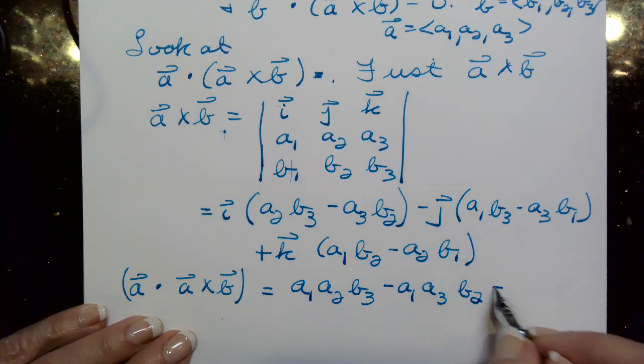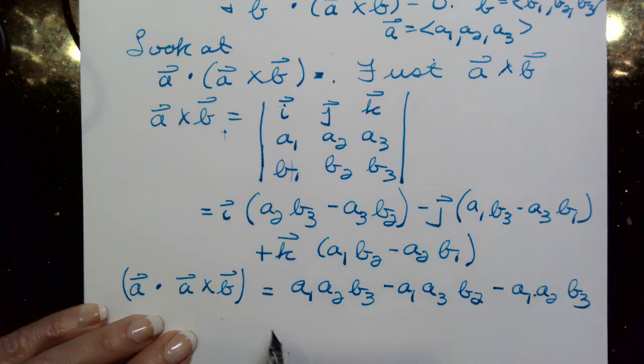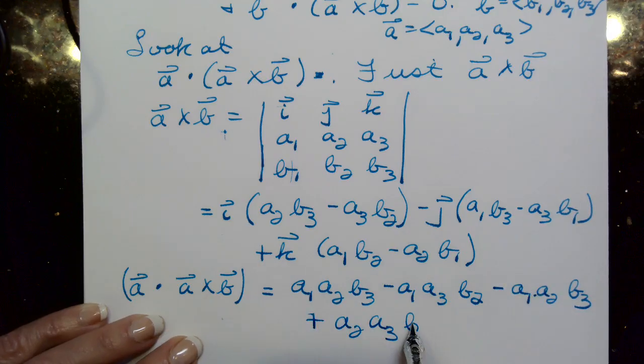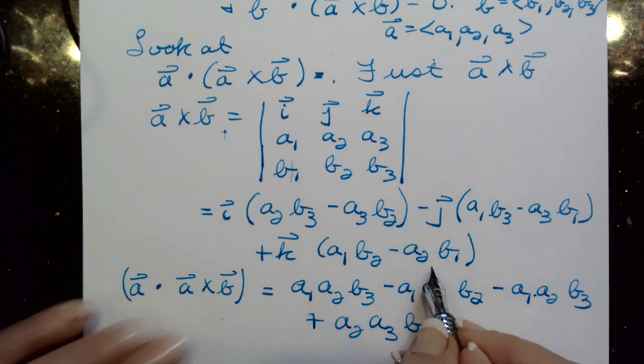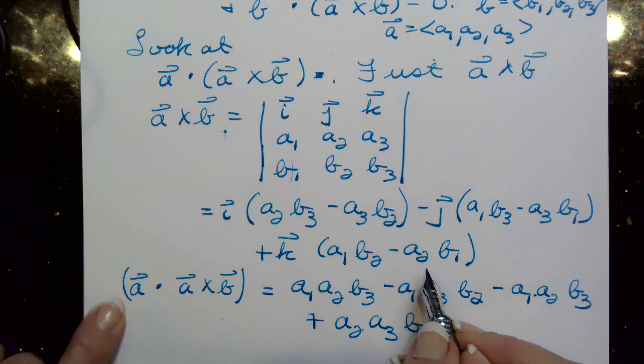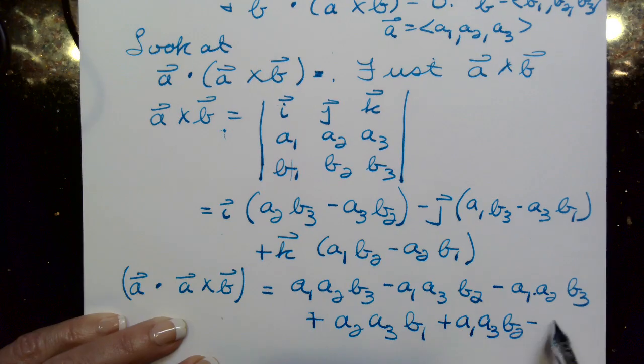So this will be minus A1A2B3 plus A2A3B1. And now the third component of A, which is A3, times the third component: A1A3B2 minus A2A3B1.